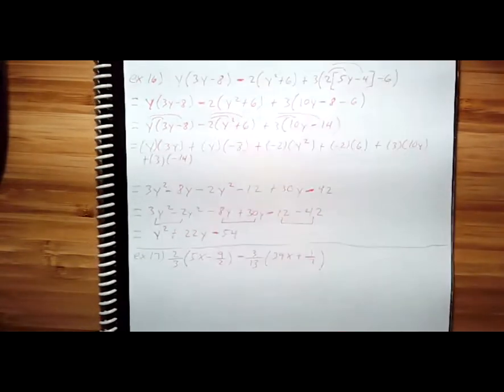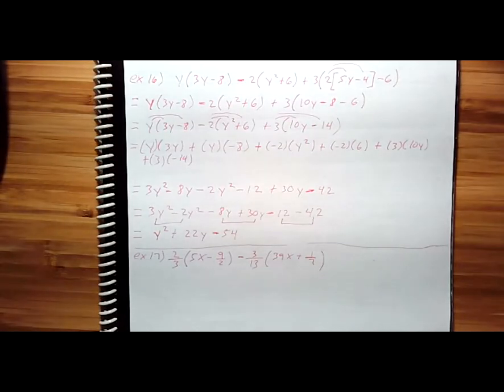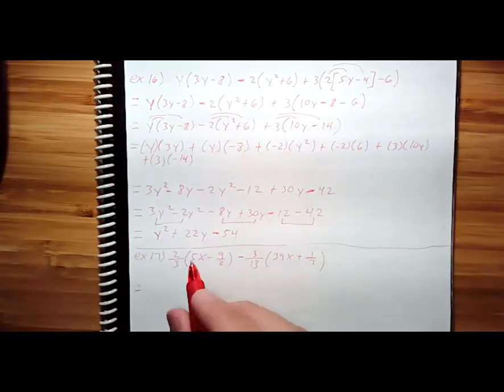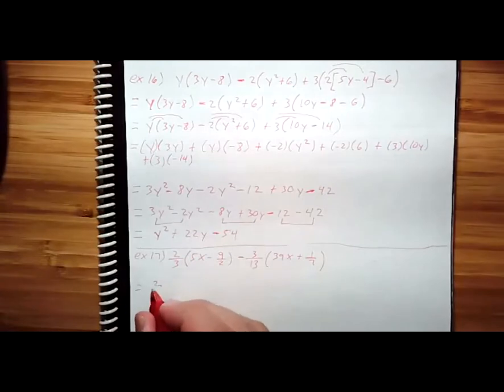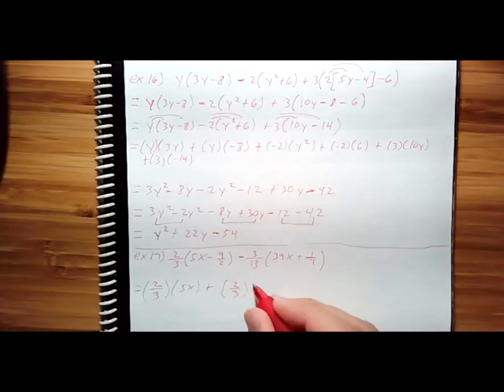Okay. So this one is the same stuff we've been doing, but now that we have fractions, they may feel difficult. But it's not any different. So let's go ahead and distribute. Remember I said just put it in parentheses times the first term plus, again, 2/3 times the second term.